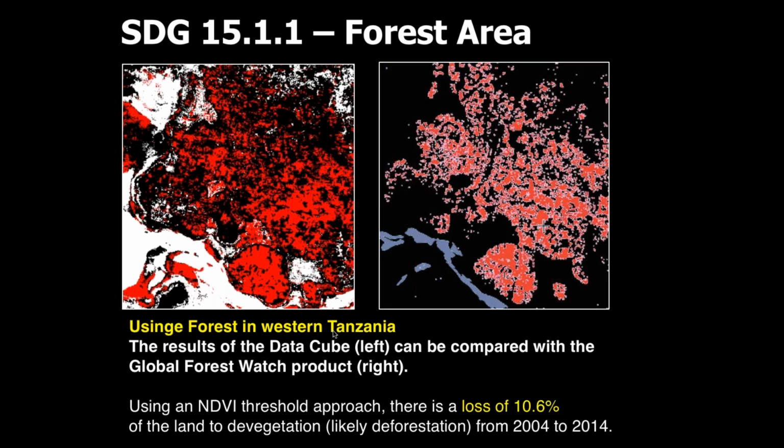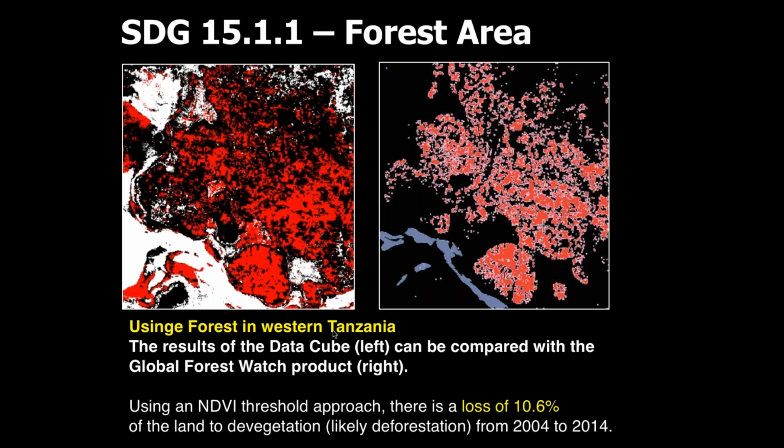The image on the right is a comparison product that's available on the web, called the Global Forest Watch. If you Google Global Forest Watch, you can go find this. The person that creates it does not advertise their algorithm, so it's not open source. You'll never know how they do it.